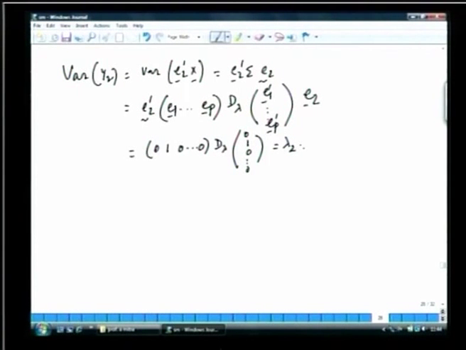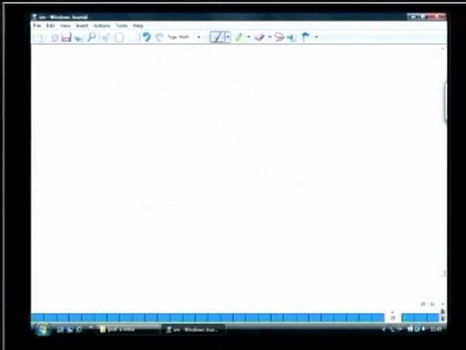So, all these things sum up to the conclusion that y2 is E2 prime x, the second principal component. In this way we can go up to the k plus 1th one.